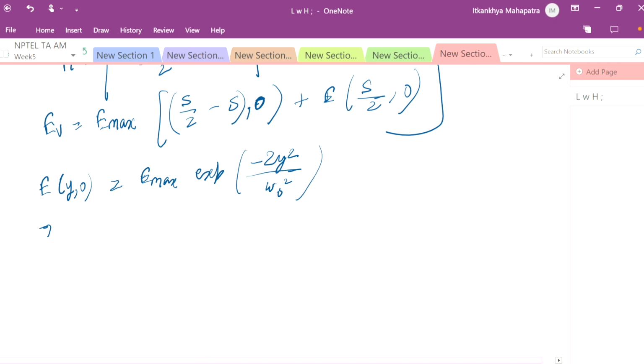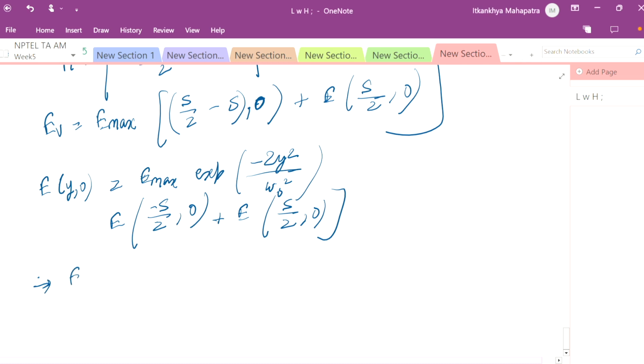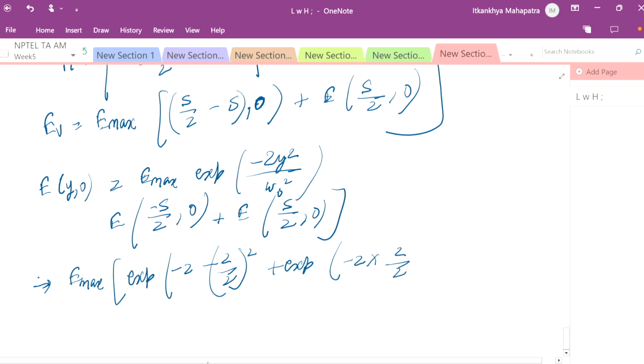Now this becomes E of minus S by 2, comma 0, plus E of S by 2, comma 0. Now Emax exponent of minus 2 by 2 whole square plus exponent of minus 2 into 2 by 2 whole square.